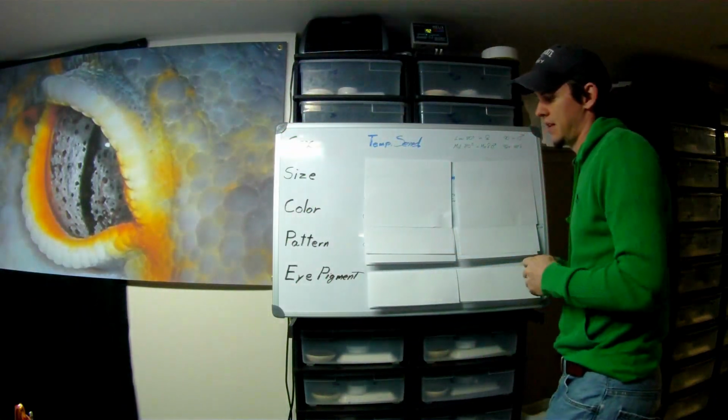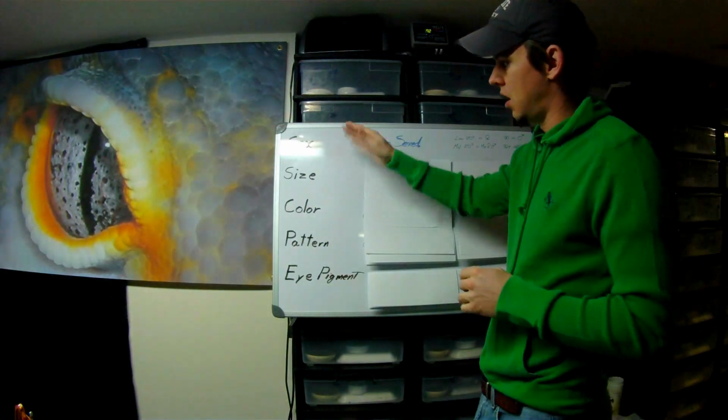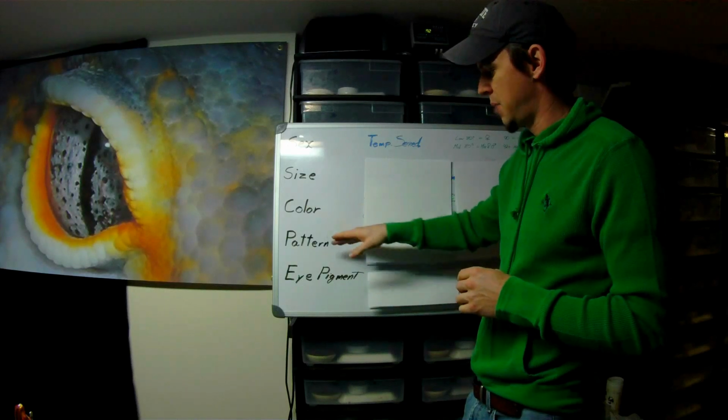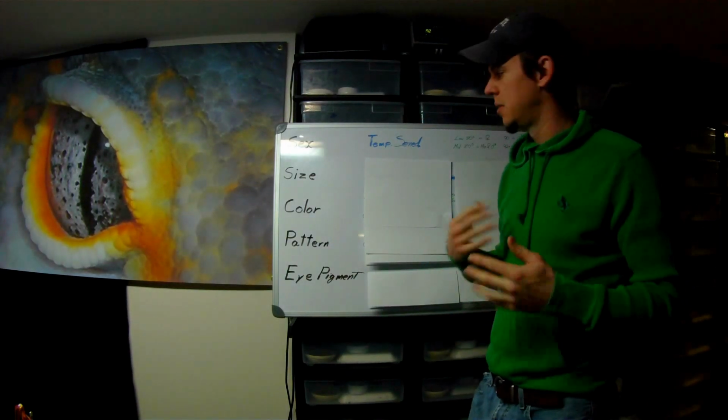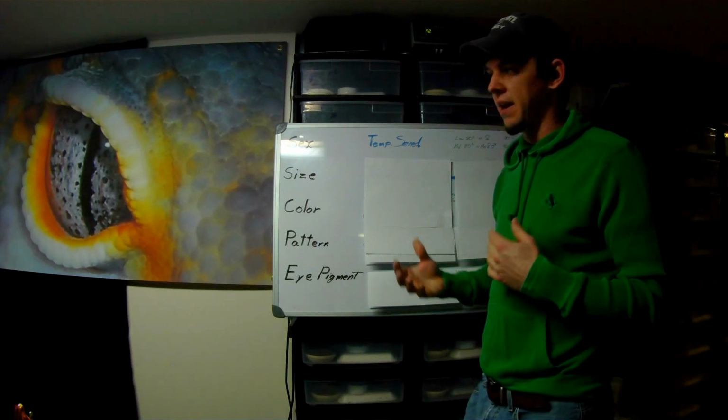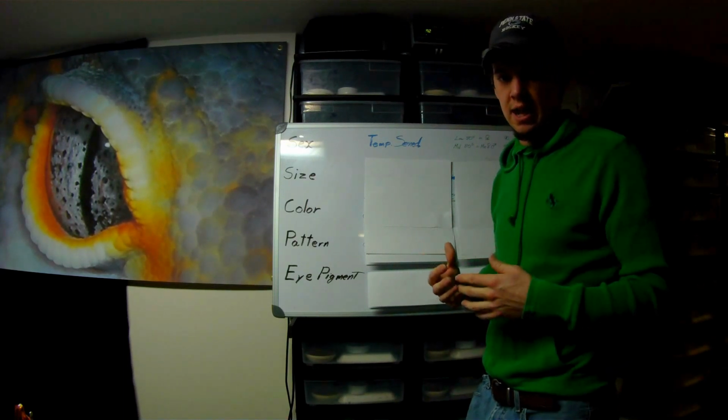There are 5 things in leopard geckos that are easily manipulated as far as breeding and genetics go, so we're going to talk about those today. The 5 things are the sex, the size, the color, the pattern, and the eye pigmentation. These are all easily manipulated depending on what animals you breed together.